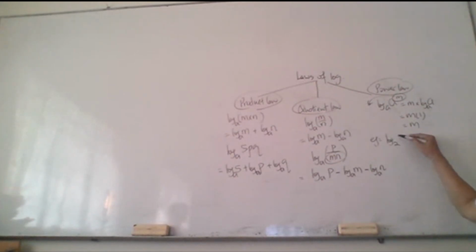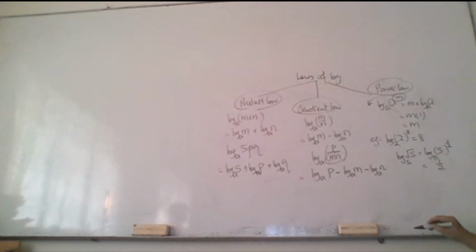So next time you get a question like log_2 of 2 to the power of 8, you can just write 8. If they put log_5 of the square root of 5, then it is 5 to the power of 1 over 2, so you can just put 1 over 2.